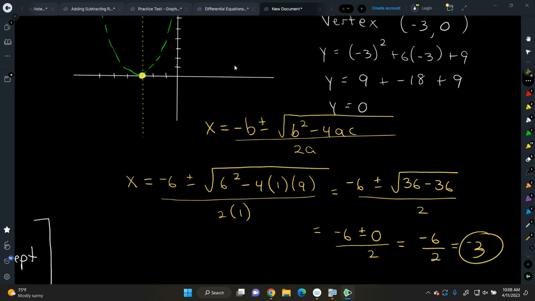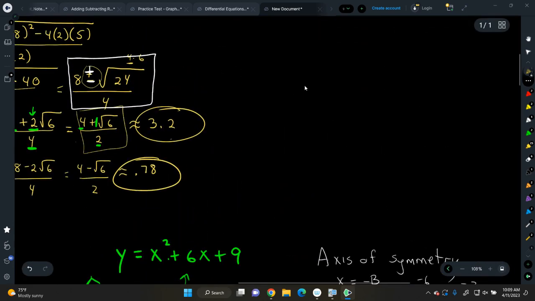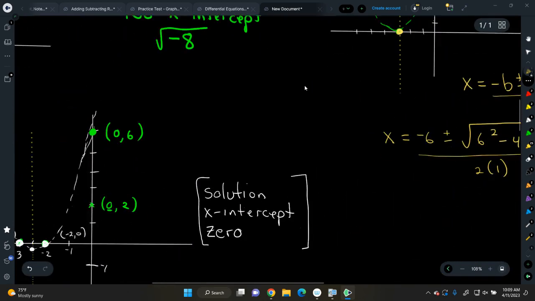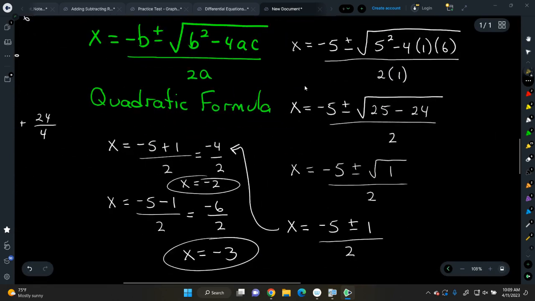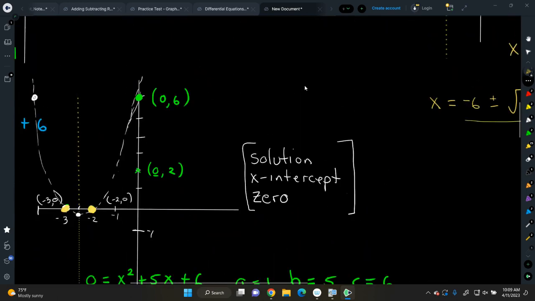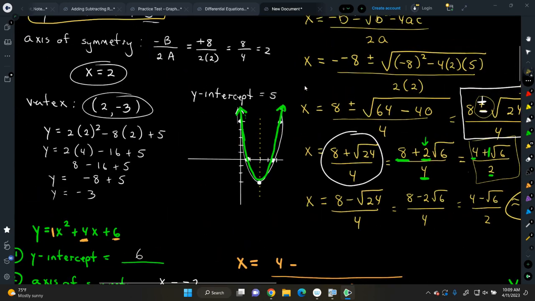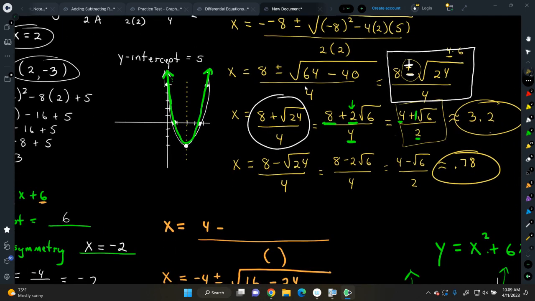So I've showed you 3 examples. The first one that we looked at, we had 2 solutions. Okay? Cross the x-axis in 2 places, -3 and -2. And when we did that, notice the number inside the square root, right? I could actually take that square root. I gave you another example where we have 2 solutions, and that was right here where it was 24 inside the square root.